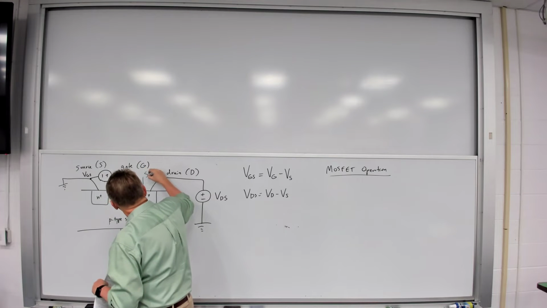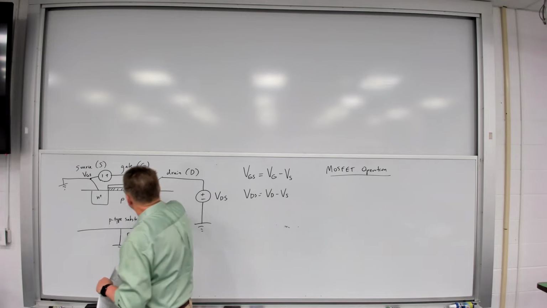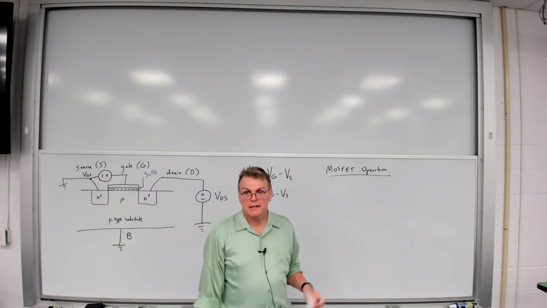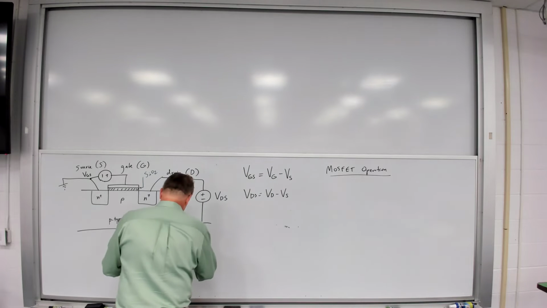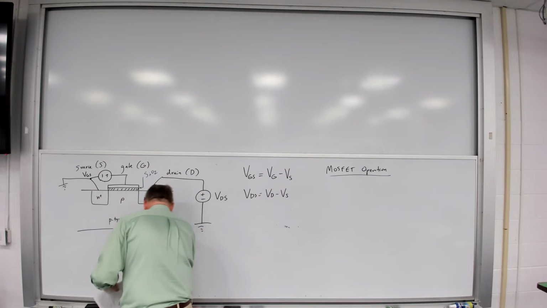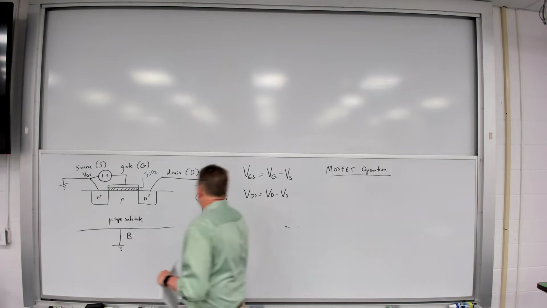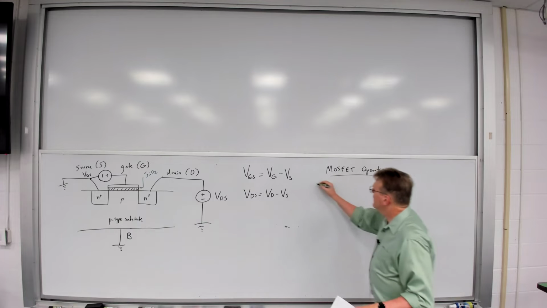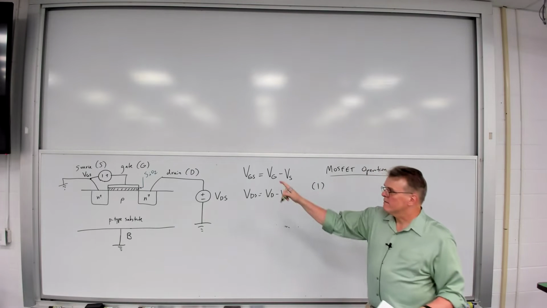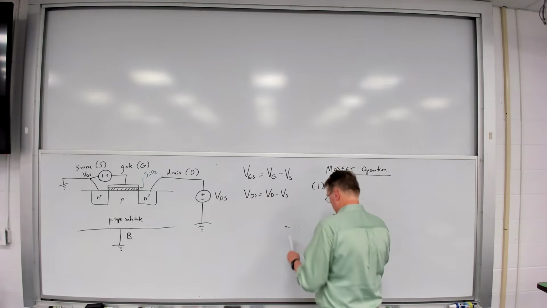This is SiO2. This is silicon dioxide. This is an insulator, in effect. It's glass. All right? So, let's begin first by assuming that VGS is equal to 0.